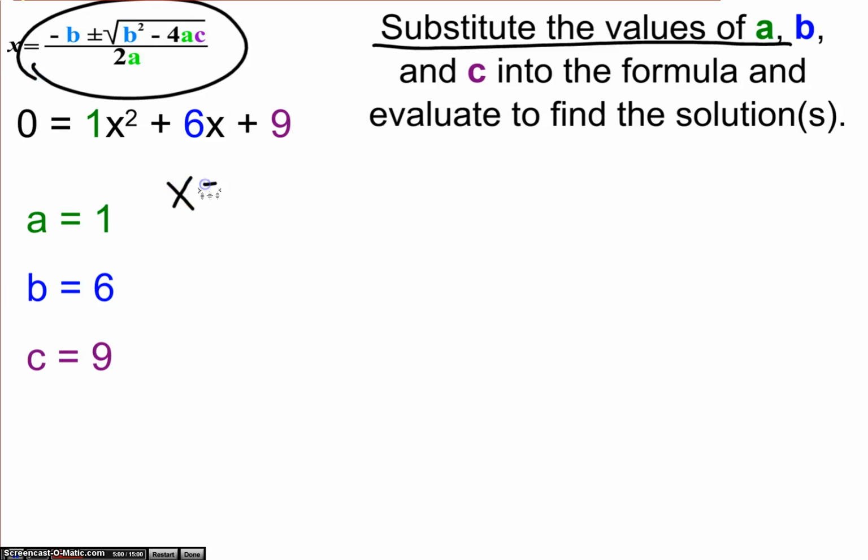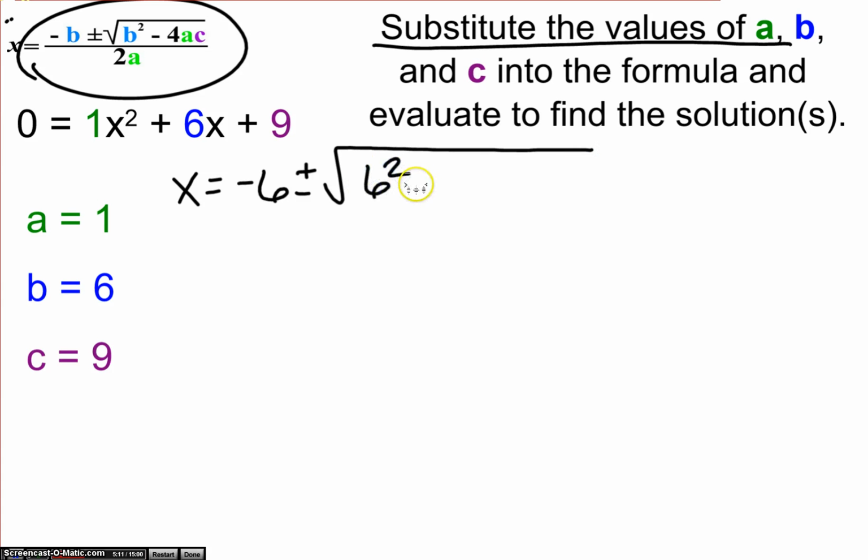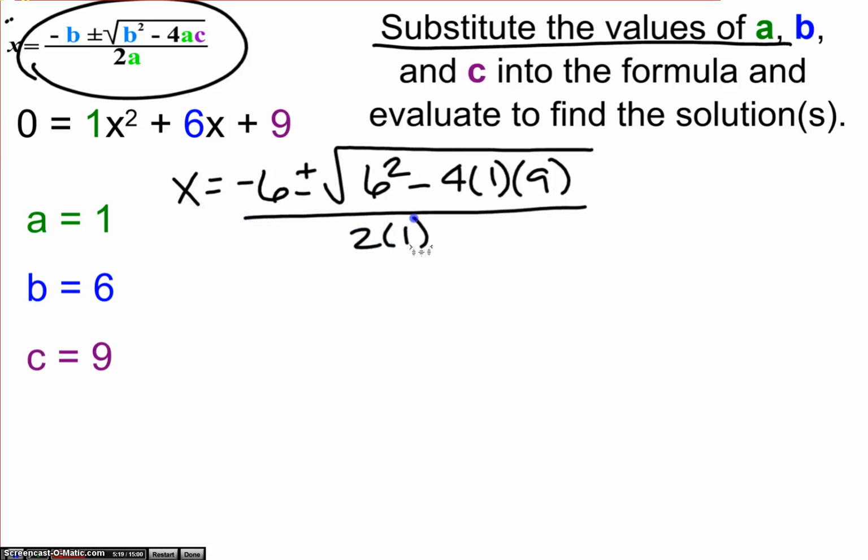So x equals negative 6 plus or minus the square root of 6 squared minus 4 times 1 times 9, all over 2 times 1. Once that's done, simplify your equation.